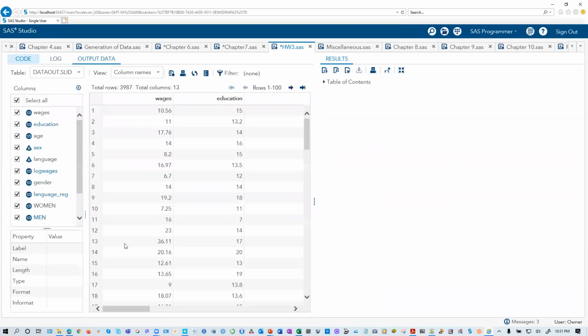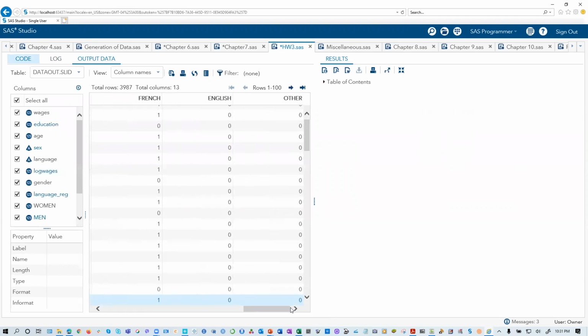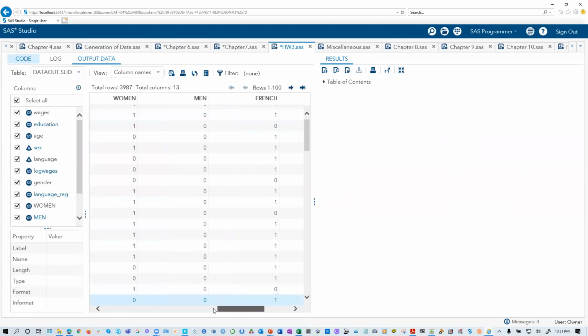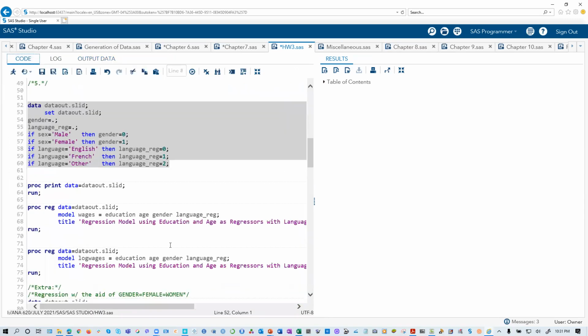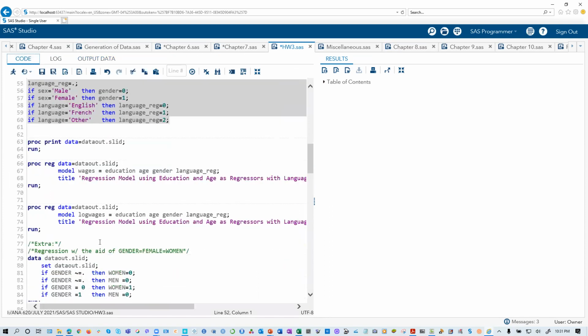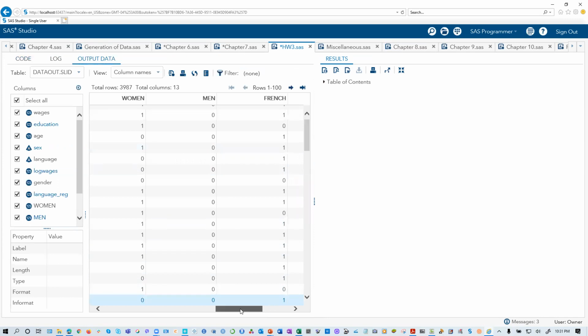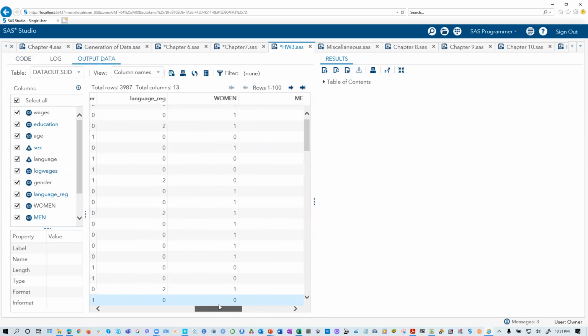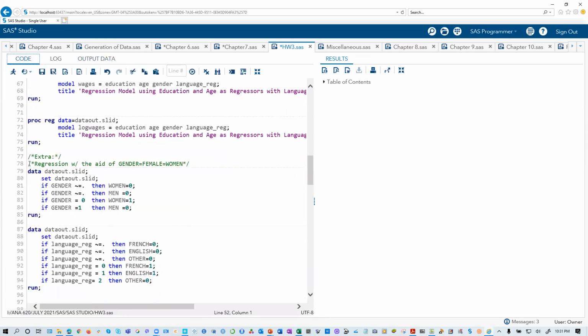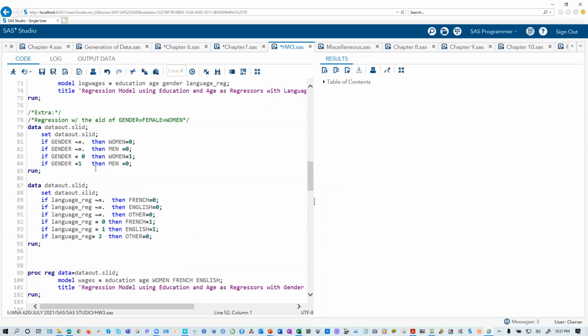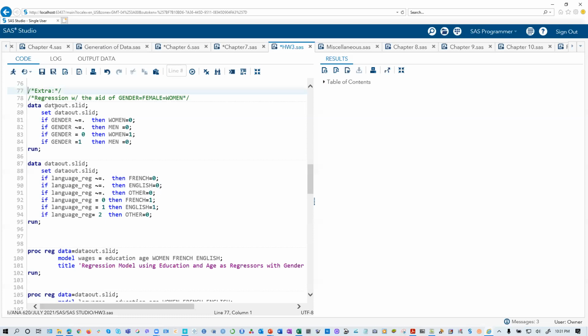At that stage I'm giving the numeric values. Men and women, French, others, language reg. Then let's count this one.